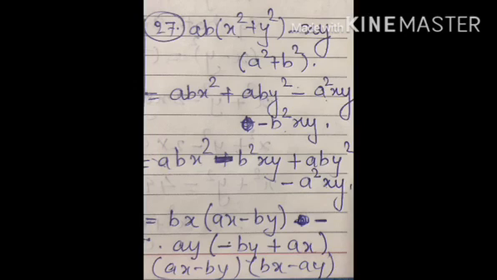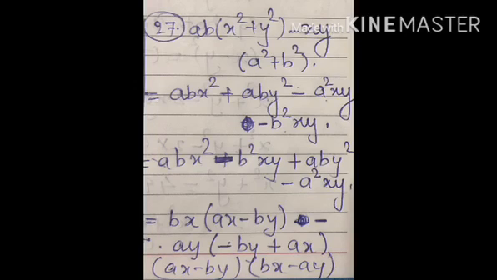Now we rearrange the four terms and write: ab x square minus b square xy plus ab y square minus a square xy. Now we take common from the first two terms and the last two terms. bx is common from the first two terms, so it is bx bracket ax minus by.